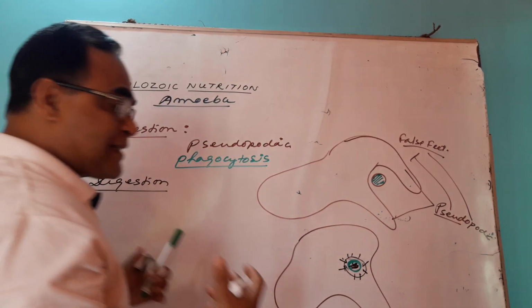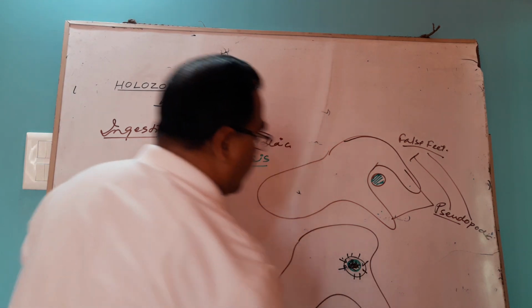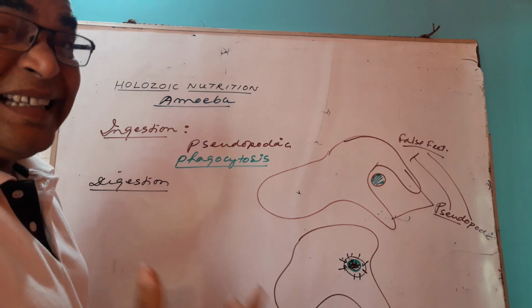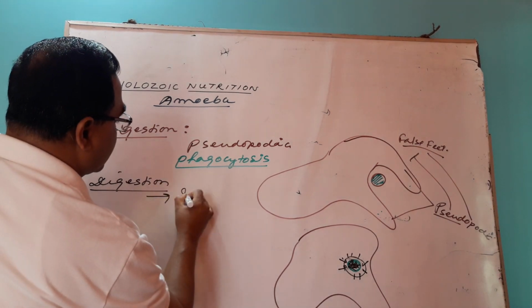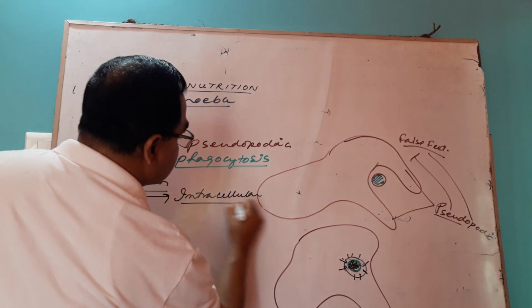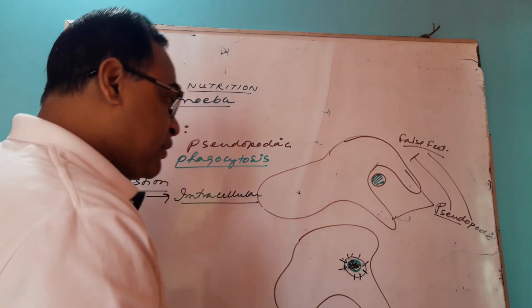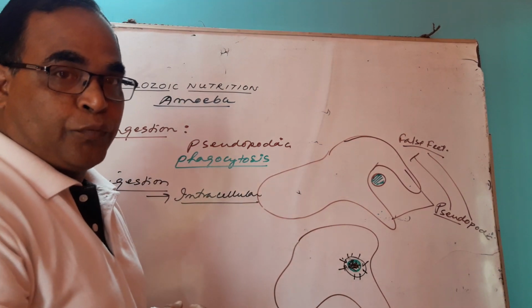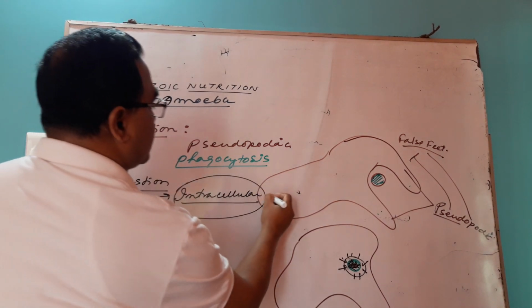Ultimately these enzymes break down the food particle into simple form. This is called intracellular digestion, meaning digestion within the cell. Digestion is performed by the enzymes secreted within the food vacuole, and this type of digestion is called intracellular digestion.